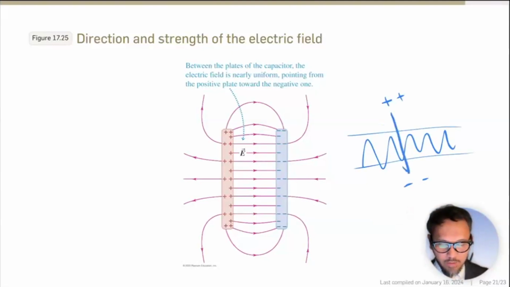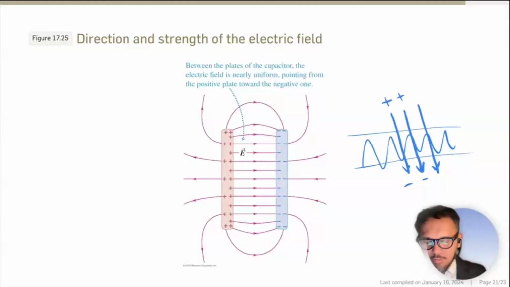There is actually a field, right? And many physicists, perhaps many biologists, model membrane biophysics as a capacitor, as two plates with charges. But back to the example, the field again goes from the positive surface to the negative surface, and the field in the middle is uniform. Okay.